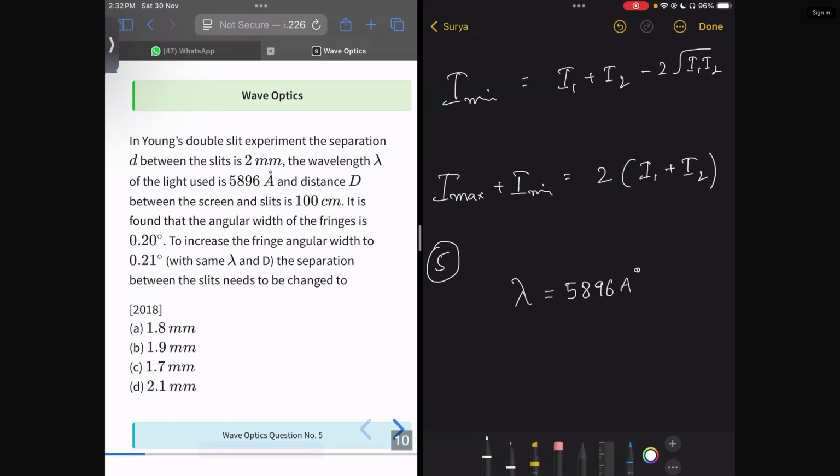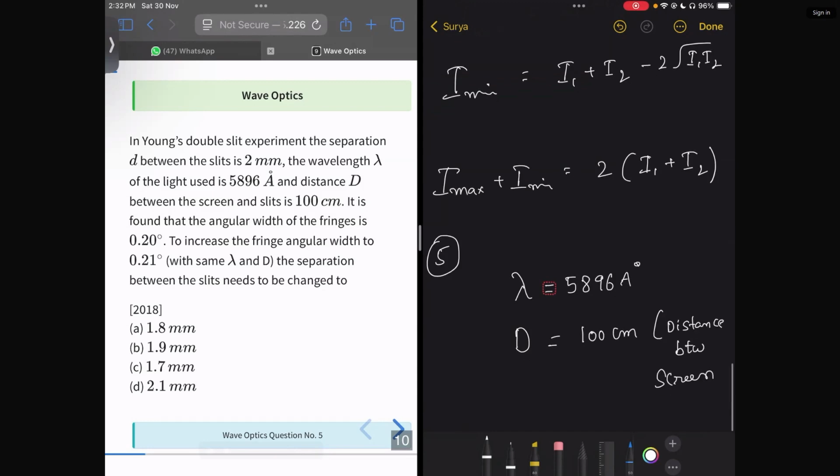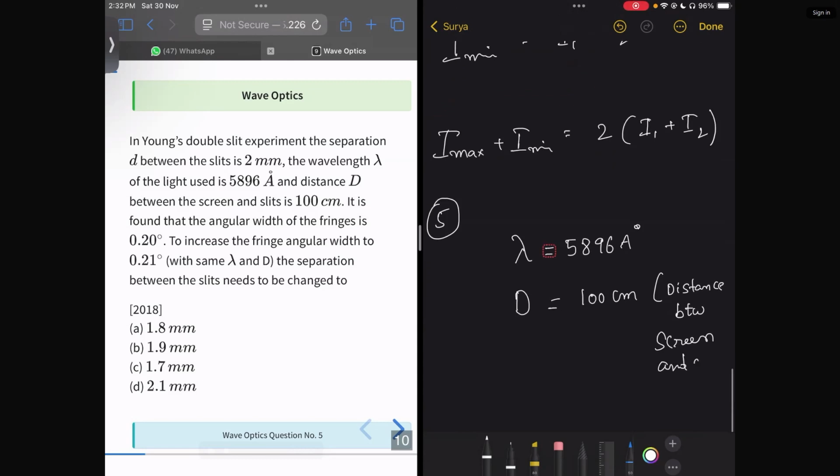D is the distance between the screen and the slits, which is 100 centimeters.